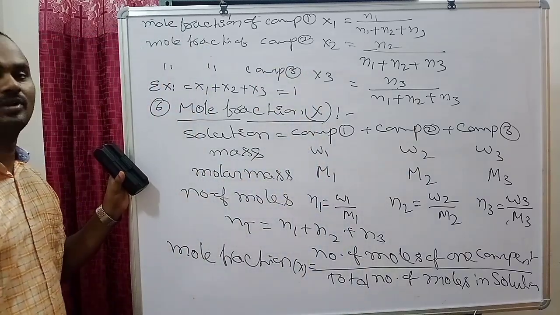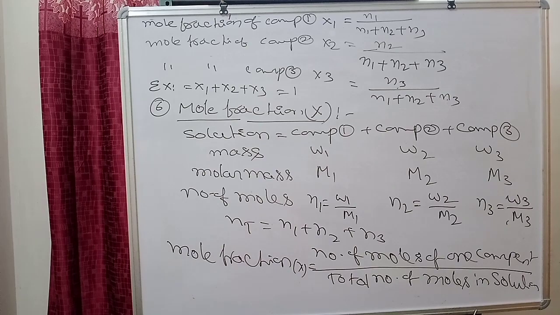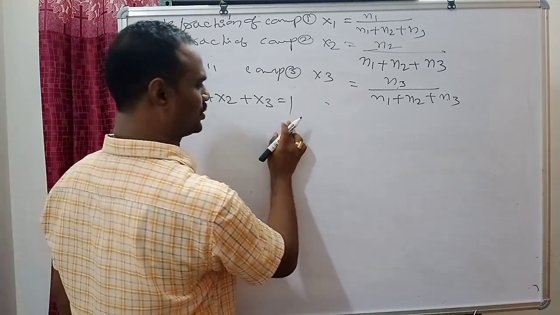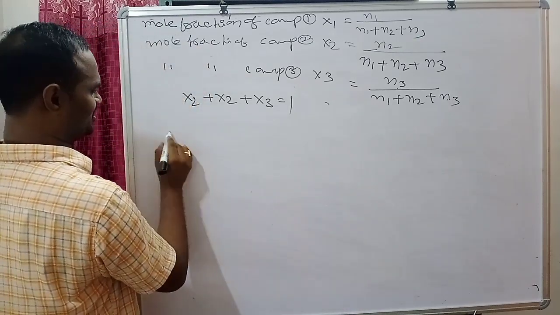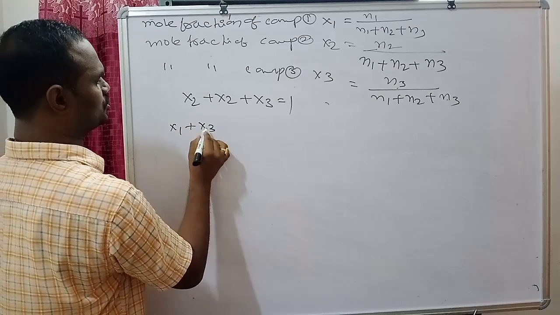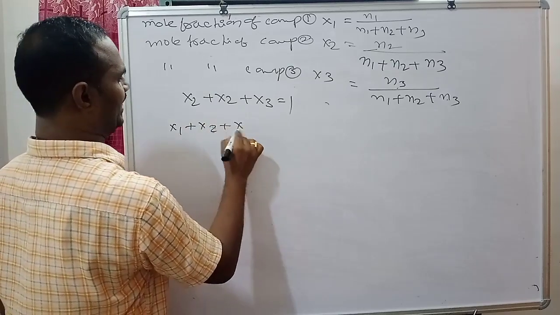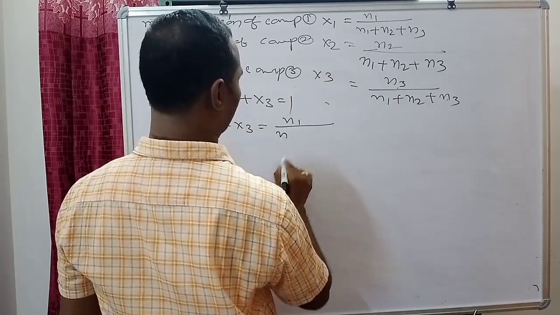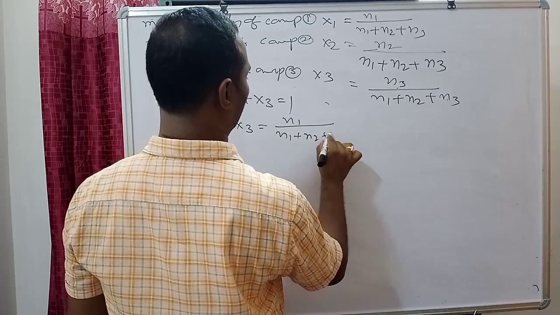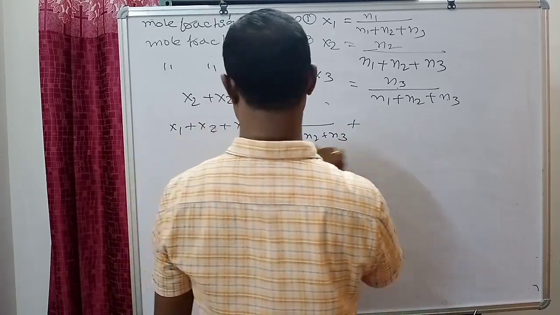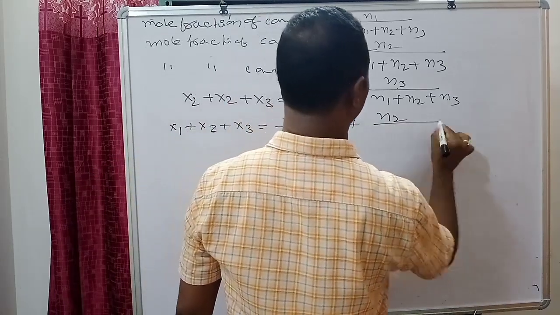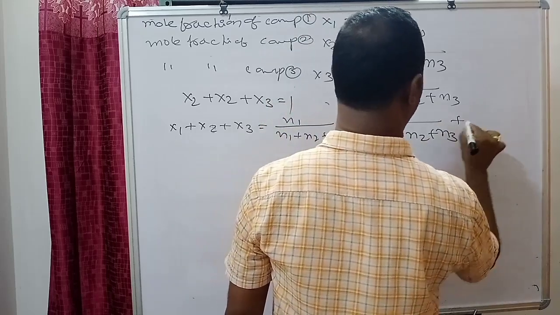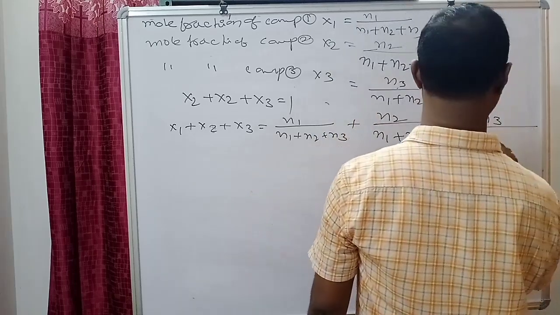How do we get 1? Let us see. x1 plus x2 plus x3 is equal to x1, which is n1 by n1 plus n2 plus n3, plus x2, which is n2 by n1 plus n2 plus n3, plus x3.